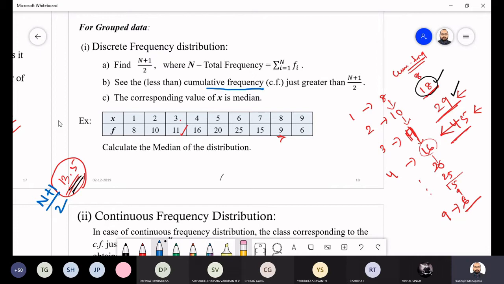You have to check where that middle position is lying, so you check which cumulative frequency is greater than that value, that n plus 1 by 2. That class will be your median class, and that median data will be nothing but 2.